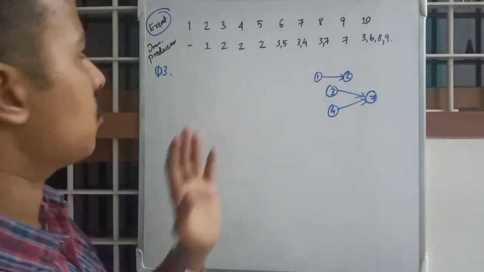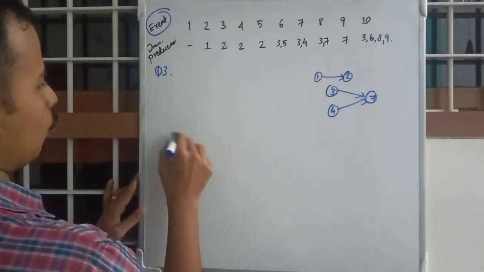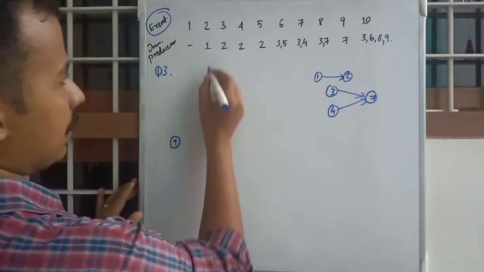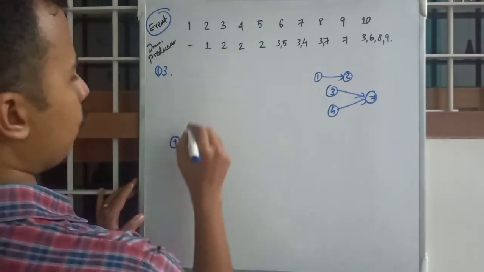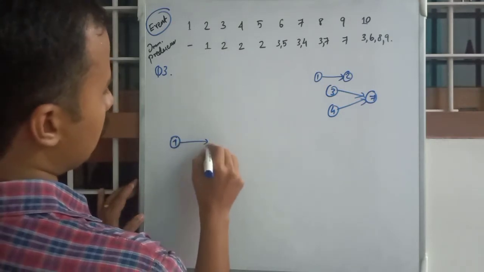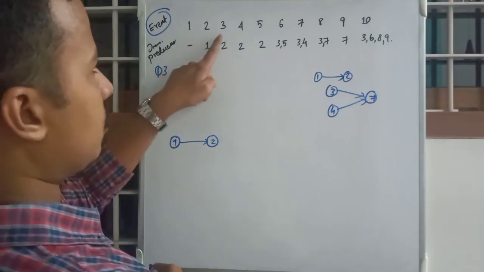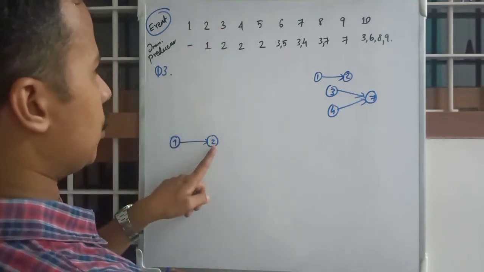So we will just start drawing right away. First event 1, second event, and the predecessor for the second event is only 1. That means it is a direct one. And for 3, the immediate predecessor is 2.